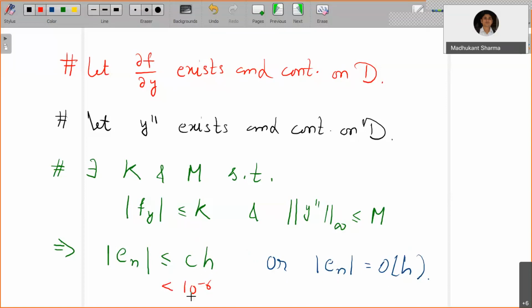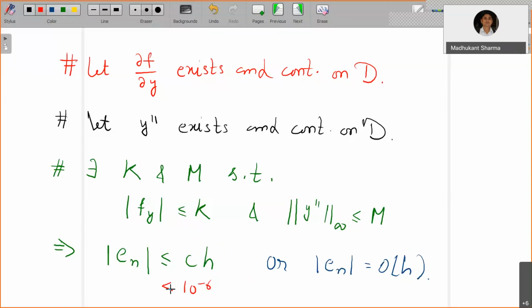So how do we get rid of this? That's why h needs to be chosen with a little care, not very small, but in some range, which we will discuss at a later stage.